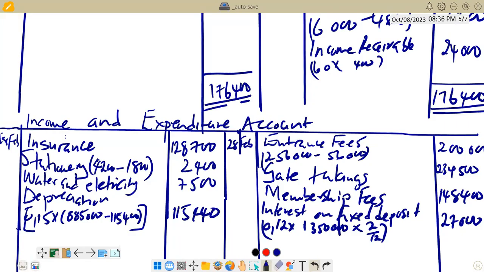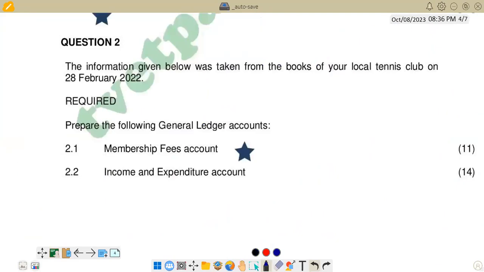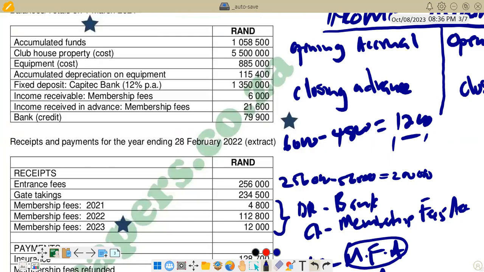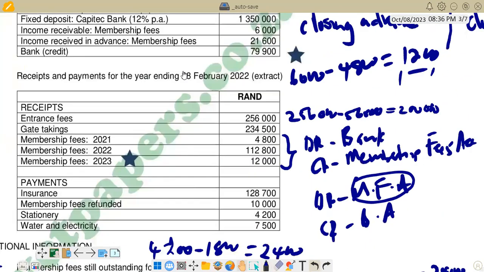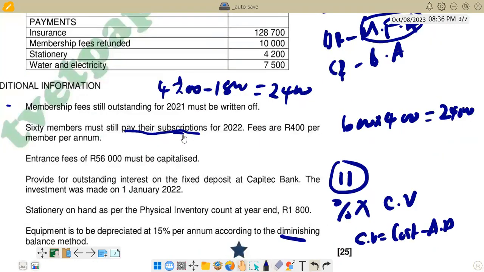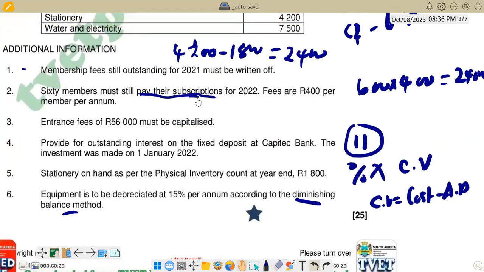And then if you go back again, remember there was a statement that was there. Let's go down to additional information. On additional information, number one, they said membership fees outstanding for 2021 must be written off. So remember, this is coming in the form of a bad debt, and the bad debt is an expense. So this one is also an expenditure because we are no longer going to receive this money.